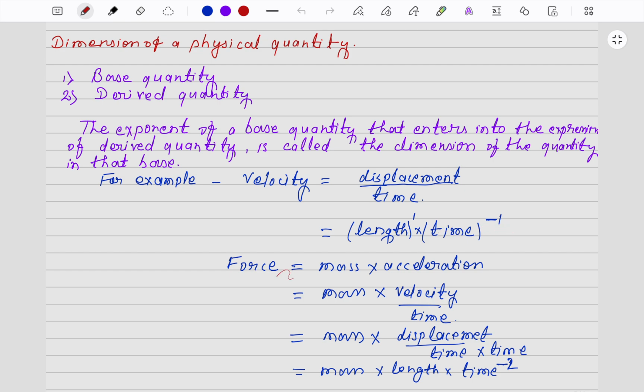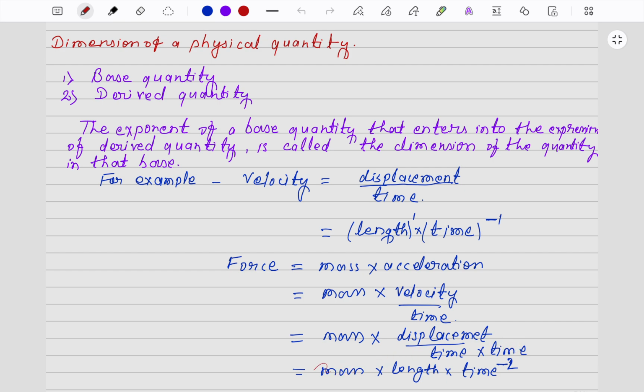Let's take another example: force. You know force is equal to mass into acceleration. So we may write mass into acceleration, and acceleration is equal to velocity by time. Again we can write velocity is equal to displacement by time, and this time is already here.